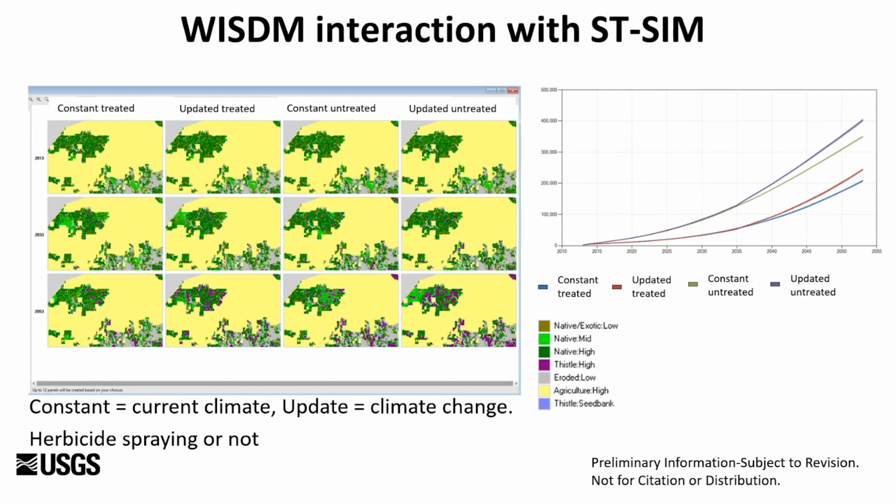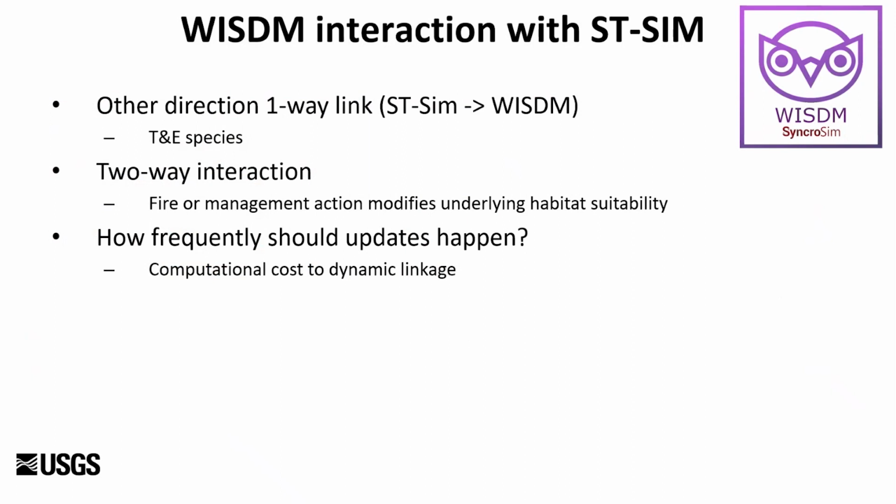So this is just a very simplistic example showing that updating the underlying habitat suitability model within STSIM really had an effect on the amount of thistle that there was during the simulations. And so this was one example of a one-way interaction where the outputs of WISDM fed into STSIM and updated one of the items happening throughout this simulation.